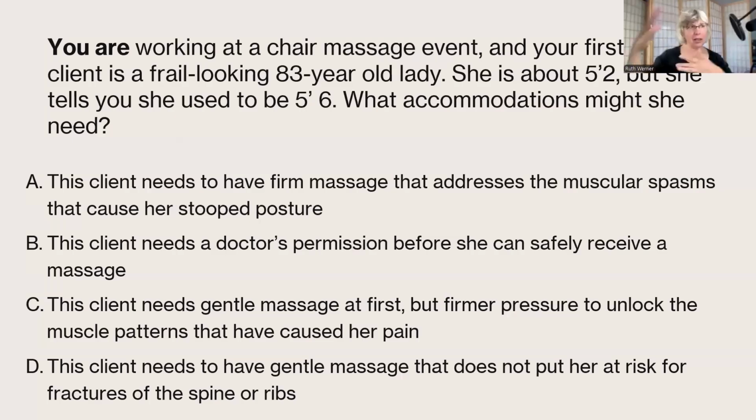So if you're thinking about our previous question about an elderly lady and accommodations, that was our lady with osteoporosis and the bolstering, right? This is actually kind of a similar situation, but you're only working with a chair. A, this client needs to have firm pressure that addresses the muscular spasms that cause her stooped posture.